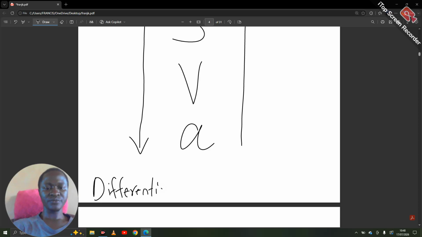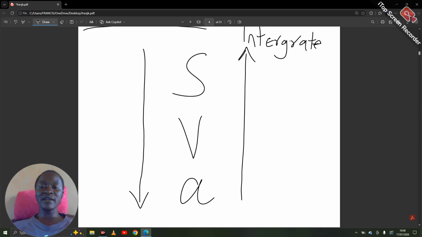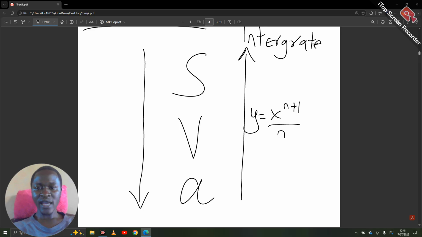Up, integration. Down, differentiate. Now, when you are integrating, remember the formula. The formula for integrating is y equals x power n plus 1 all over n plus 1 plus c. Do not forget that one.